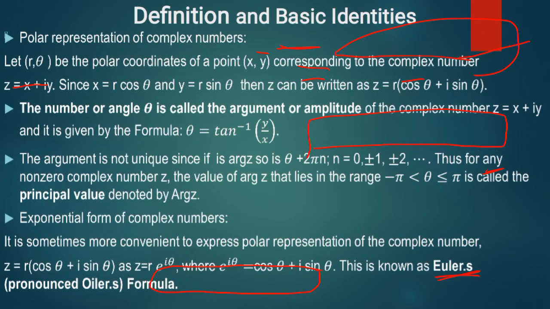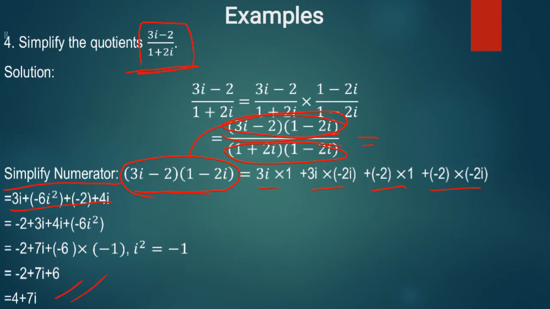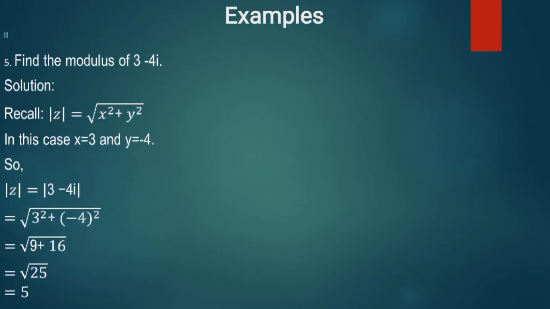Okay, so let's look at it. We're told to find the modulus of this complex number. The complex number is 3 minus 4i. The formula for modulus is what you see on the screen here, which is what I told you to recall. Clearly, based on this formula, we need x and y of the complex number.